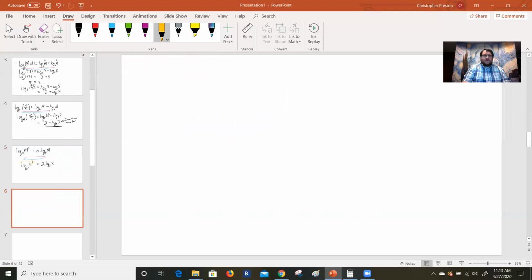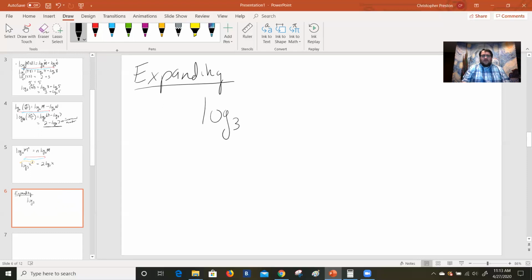On your homework, they're going to ask you to do some expanding. Expand out expressions. So let's say we have log 3 of 9x squared over y cubed. And I want to expand that out as much as I can and simplify anything I can simplify.